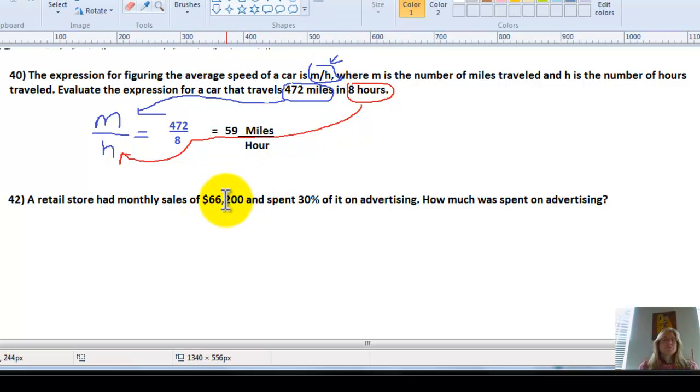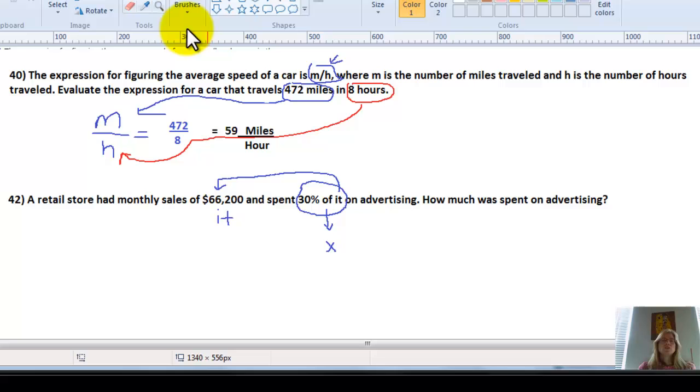So down here we have a retail store had monthly sales of $66,200 and they spent 30% of it on advertising. How much was spent on advertising? So what they're telling you is that 30% of it, which is they spent 30% of these total sales. And from this phrase, 30% of it simply means 30% because the word of is multiply.